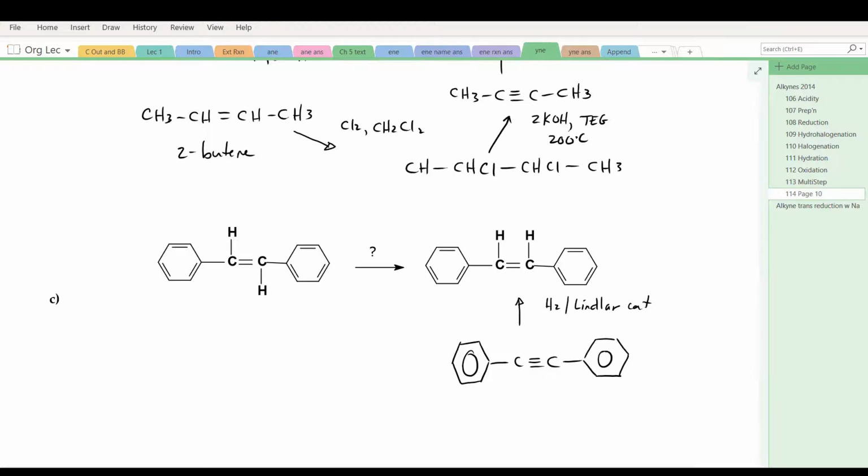So now it's simply a matter of converting the alkene to the alkyne, and we've looked at that several times. We can halogenate this, bromine or chlorine.